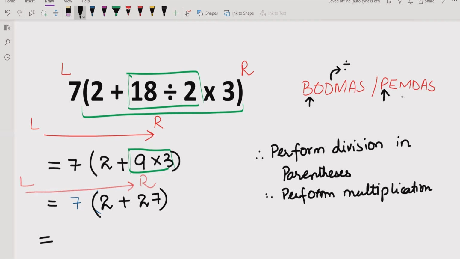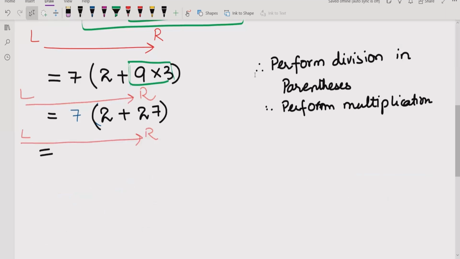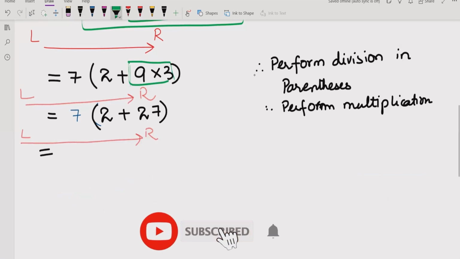Okay, now let's move to another step. Again, we will follow left to right and we will solve this one, because we will solve the parenthesis.